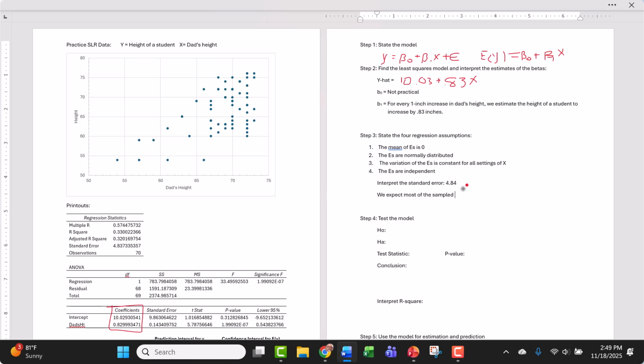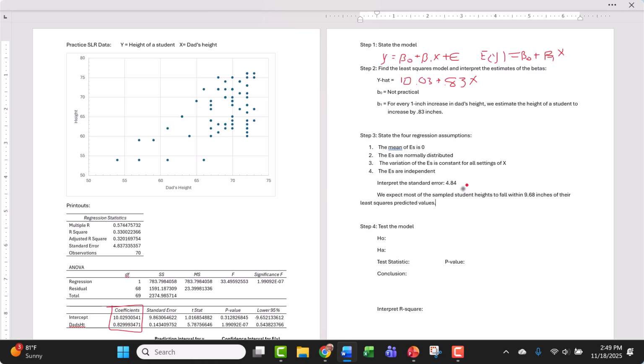So y values would be student heights to fall within 2 standard deviations. That's going to be 9.68 inches, if I did my math right there, of their least squares predicted values.